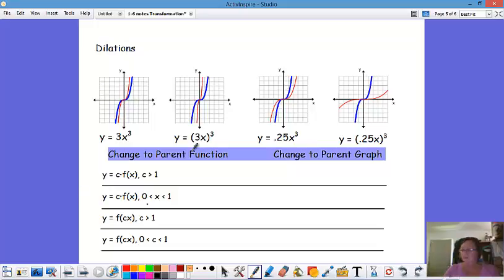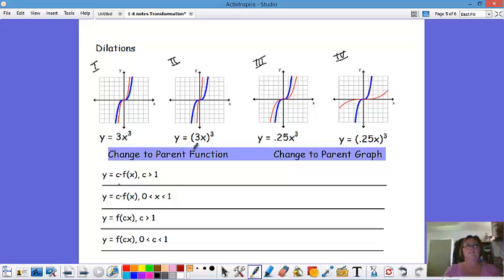So we've got some rules here, and what I'd like to have you do is, I have these mixed up a little bit in order, so I'm going to ask you to number these graphs 1 through 4, and as we look at the equations and write descriptions of what they do, we'll match what we get here in rule with either graph 1, 2, 3, or 4. So I'm looking at this one. This says y is equal to a constant bigger than 1 times the function.